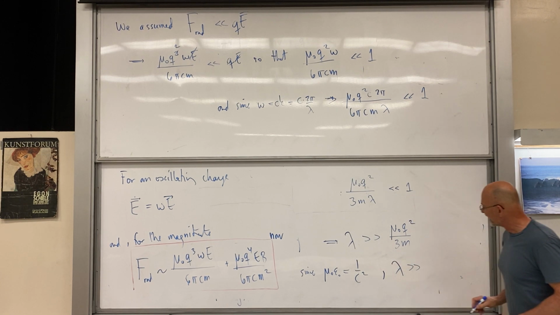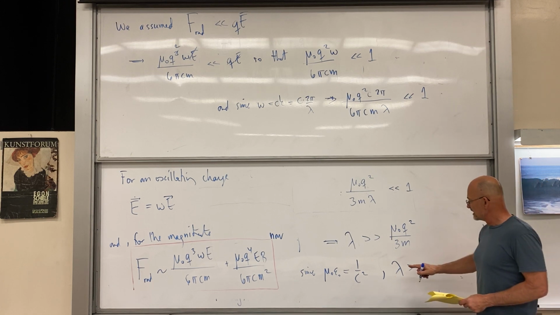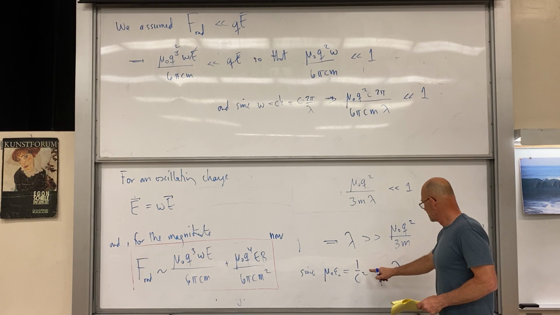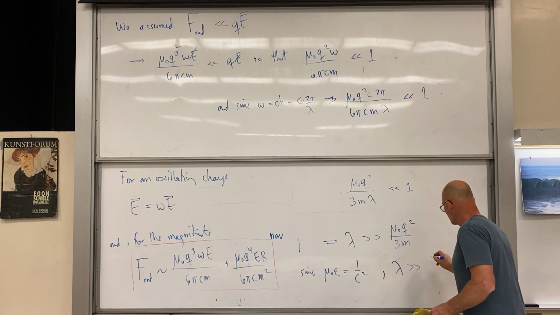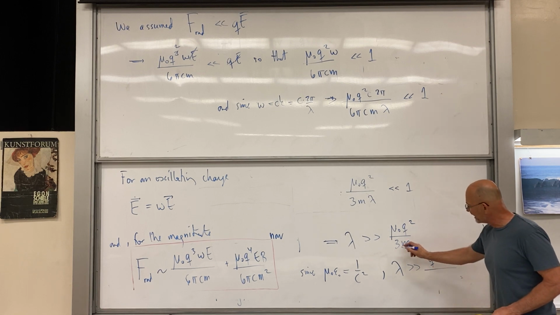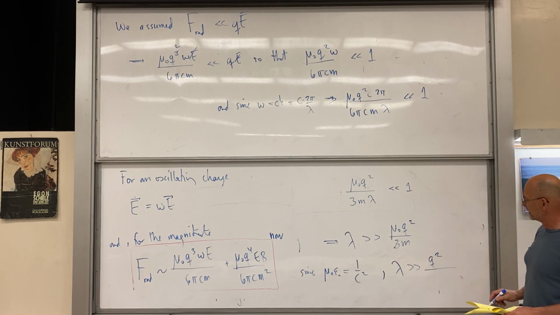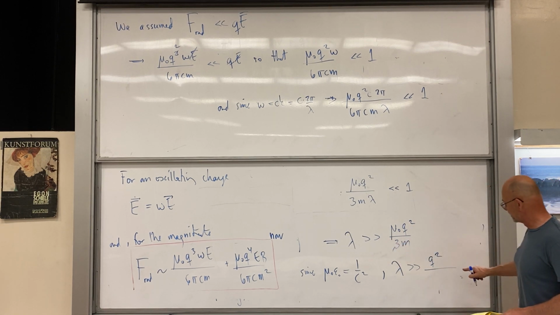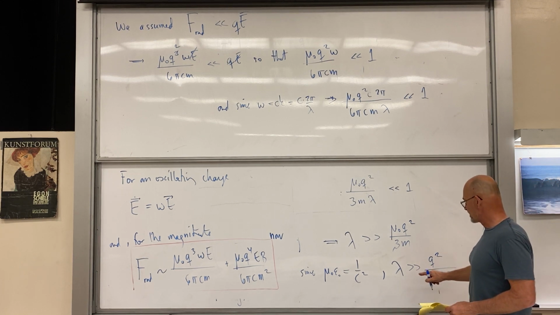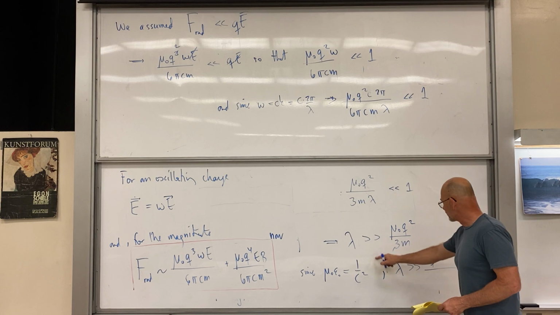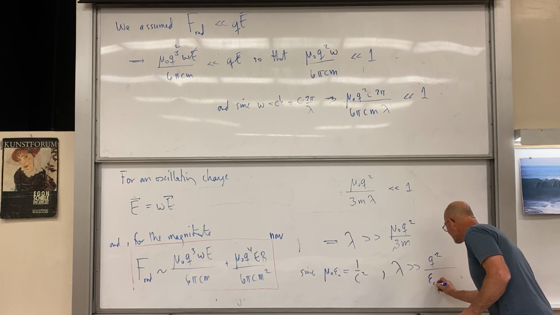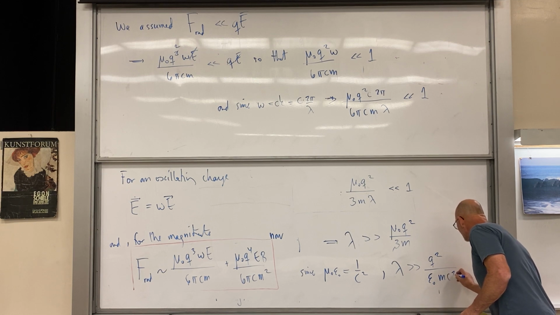Lambda has to be much greater than q squared over epsilon naught m c squared.